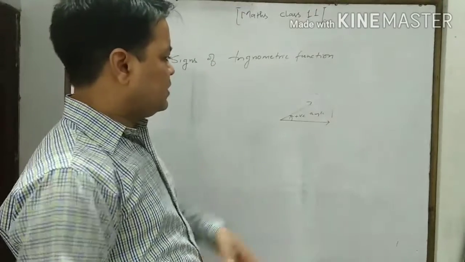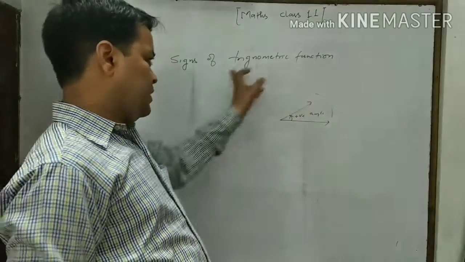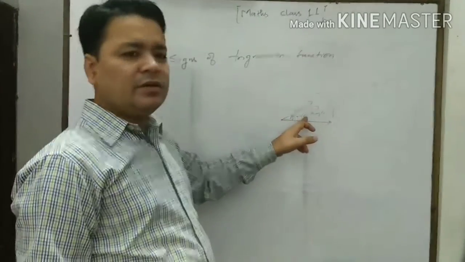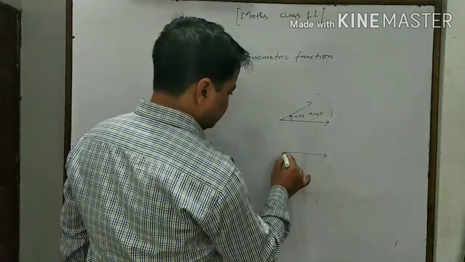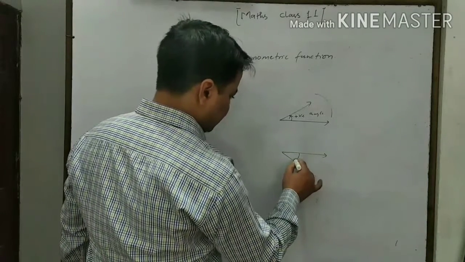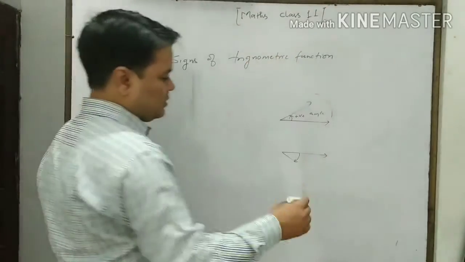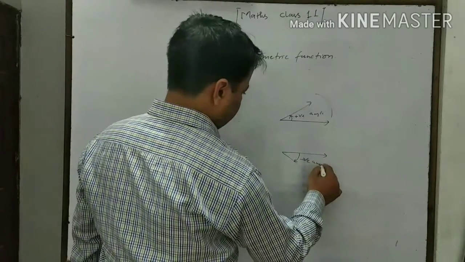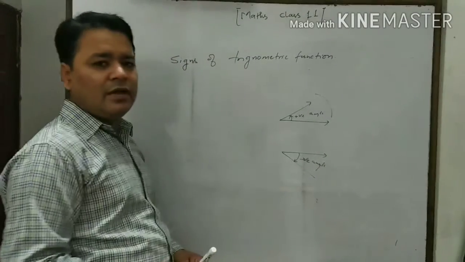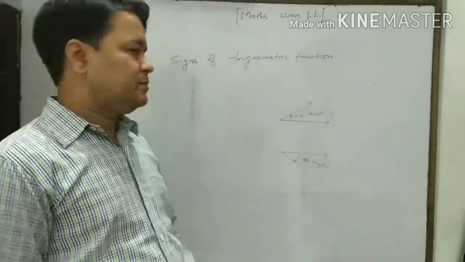If the movement of this ray is anti-clockwise direction, then it will be positive value. But if it is like this side, means in the clockwise direction, then it will be negative angle. Getting? Positive angle and negative.